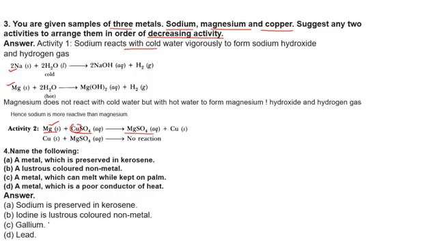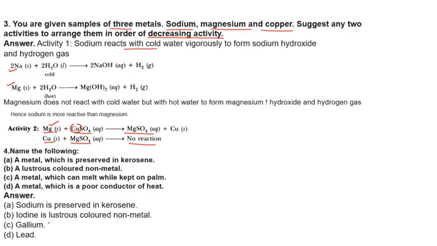Here we can see that copper is replaced by magnesium. Then if I try to dip copper in magnesium sulfate solution, there is no reaction. Why is there no reaction? Because copper is less reactive than magnesium. These are the activities on the basis of which we can arrange them in order of decreasing activity.